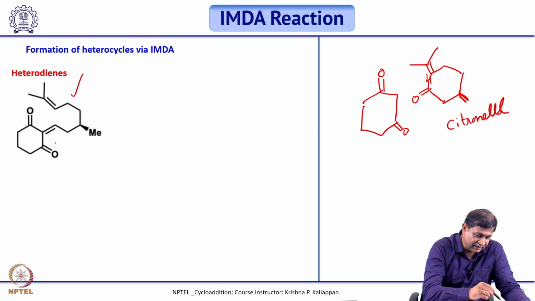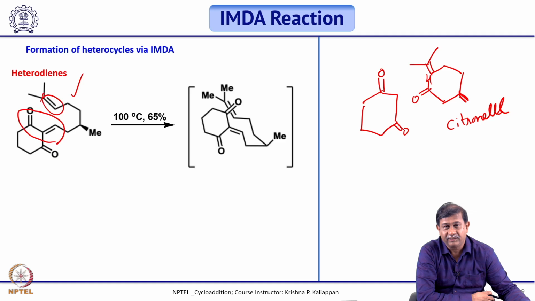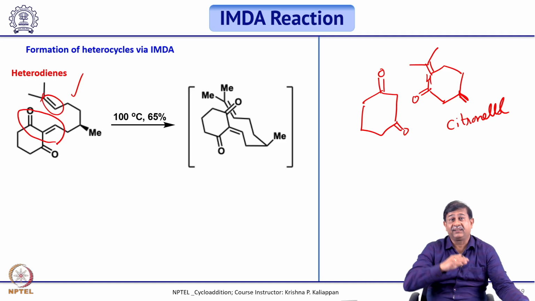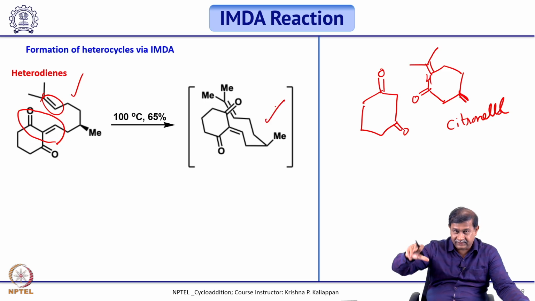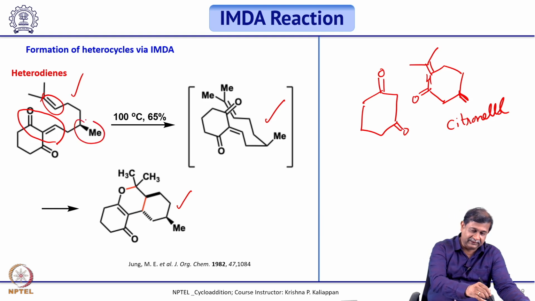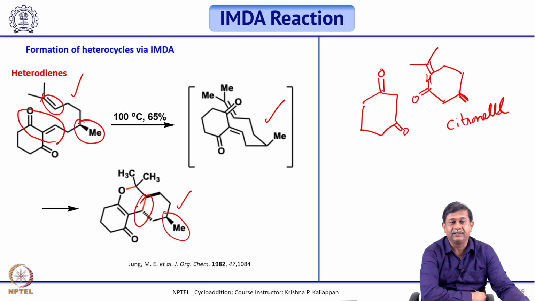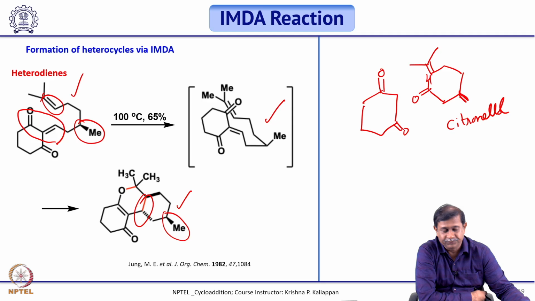Now, if you look at this, this is a heterodiene and this is the dienophile. So this can undergo an intramolecular hetero-Diels-Alder reaction. And the way you have drawn the 6-membered ring, that is a chair-like transition state. So that will lead to this product. And also the chiral center with the methyl group helps in fixing the stereochemistry of these two newly formed stereocenters.